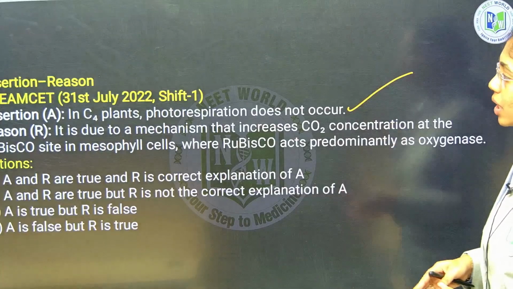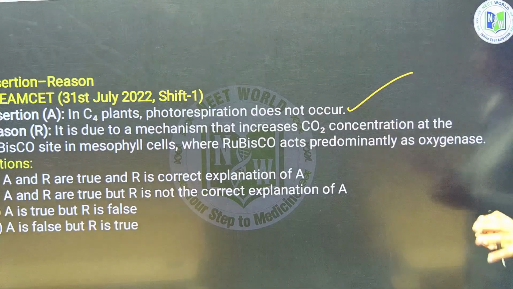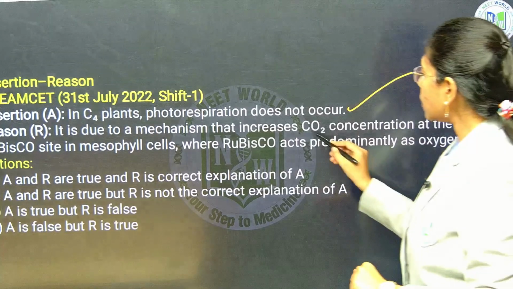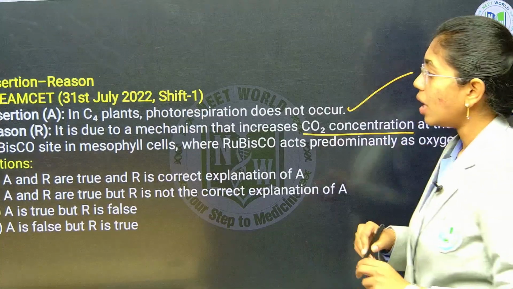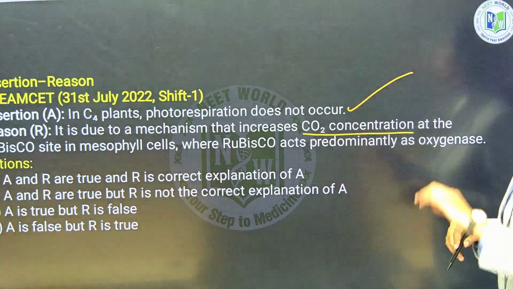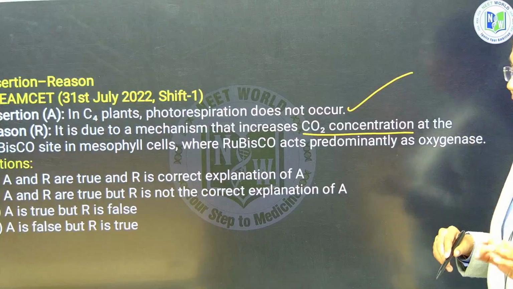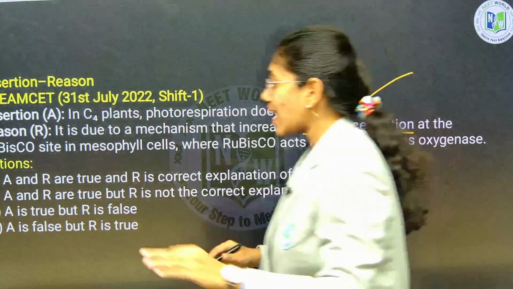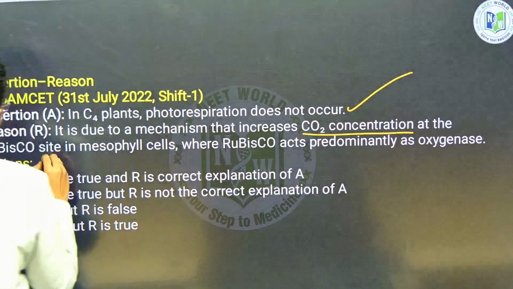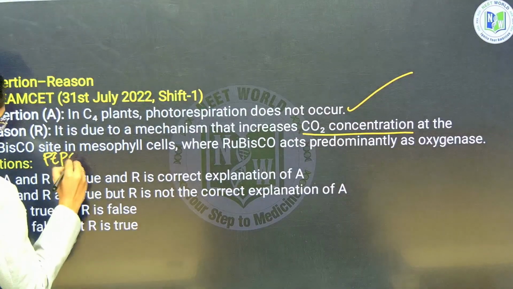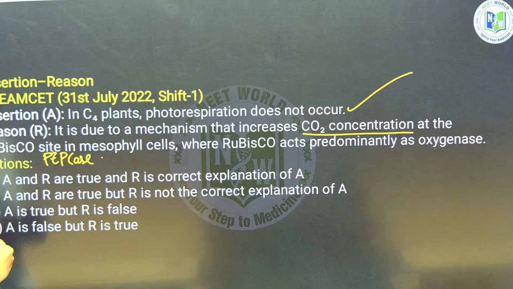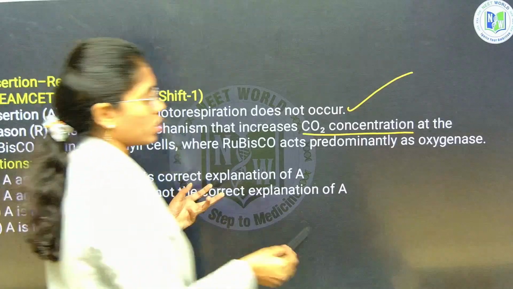In the reason, it is due to a mechanism that increases carbon dioxide concentration at the rubisco site. There is no rubisco site in the mesophyll cells. In mesophyll cells, the enzyme taking care of carboxylation is PEP carboxylase, so saying rubisco acts predominantly as oxygenase is wrong.